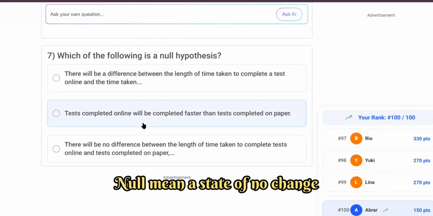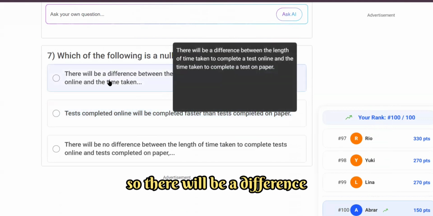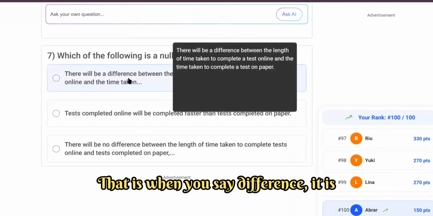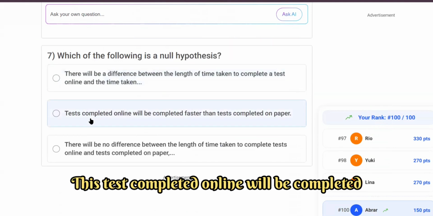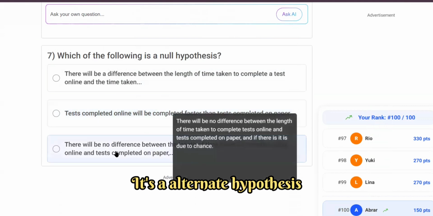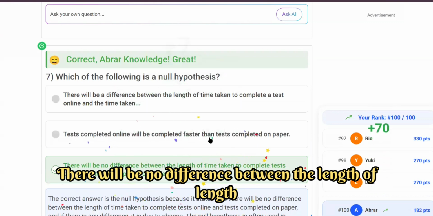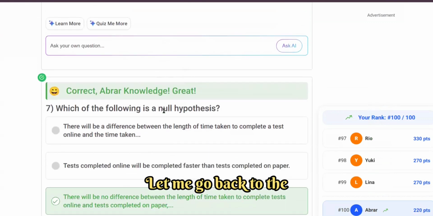Null means a state of no change. There is nothing, right? When you say there will be a difference, we are talking about the alternate hypothesis. Tests completed online will be completed faster than tests on paper. This is a claim, again an alternate hypothesis. Let me go back actually.